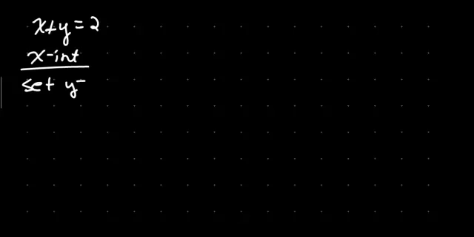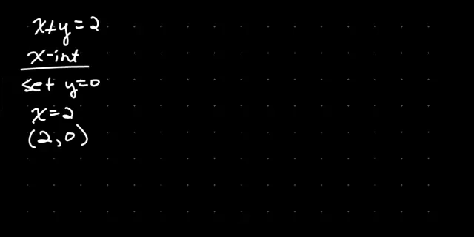x plus y equals 2. To find the x-intercept, we set y equal to 0. So we get what? x equals 2, so that is over 2, up 0.